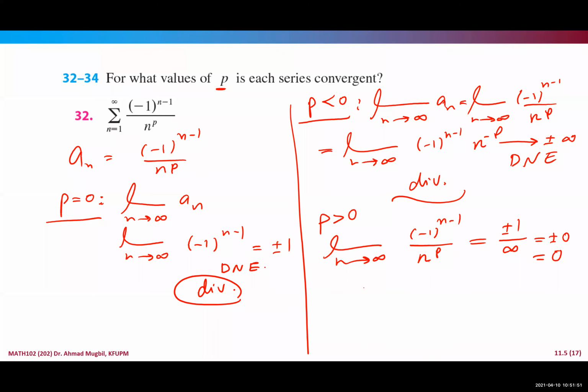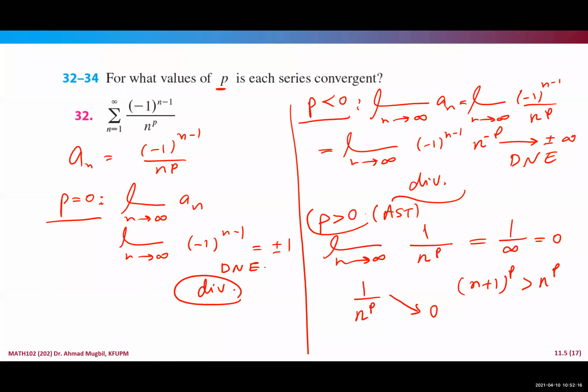Now, is 1 over n to the power p decreasing? It is clearly yes. Forget about this, by the way. We are applying now the alternating series test. This one, Shabab, decreases to 0 because you know that (n plus 1) to the power p is greater than n to the power p if p is greater than 0.